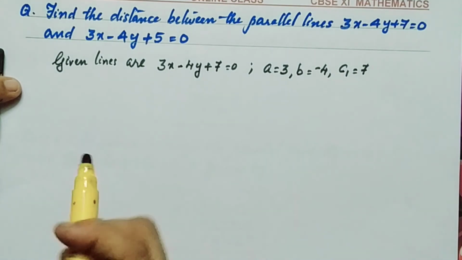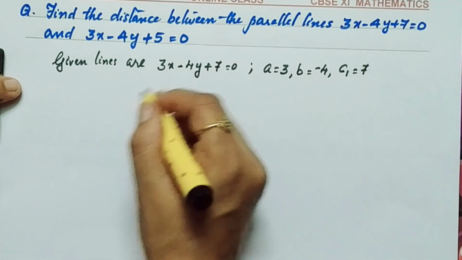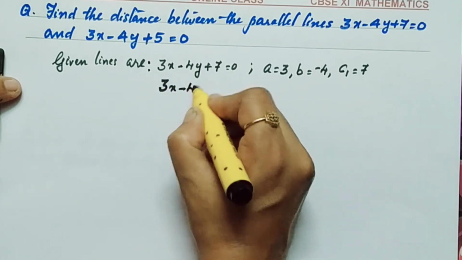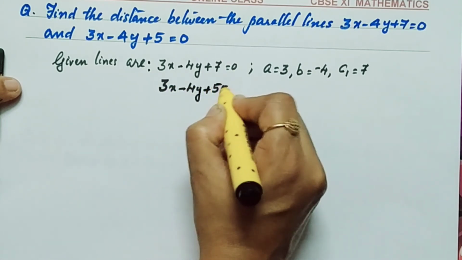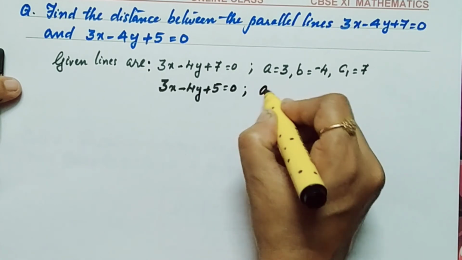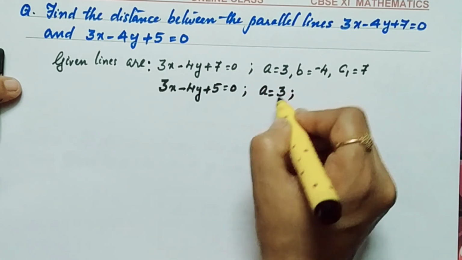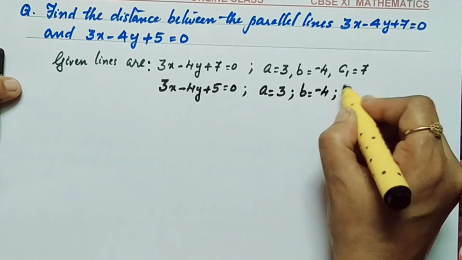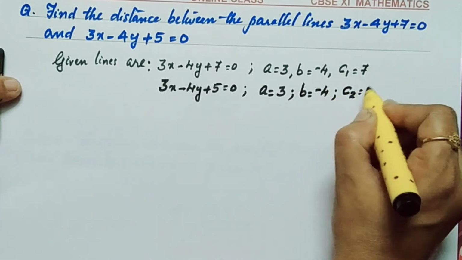And come with the second equation. The other line is 3x minus 4y plus 5 equal to 0. Here, as comparing with the general form, a equal to 3, b equal to minus 4, but the value of c2 equals 5.